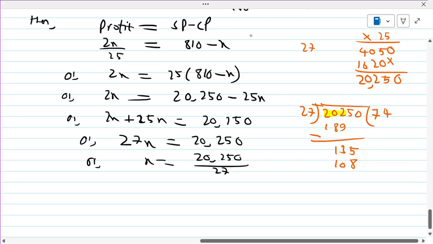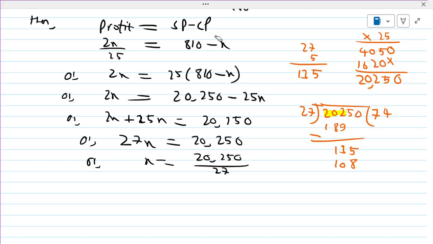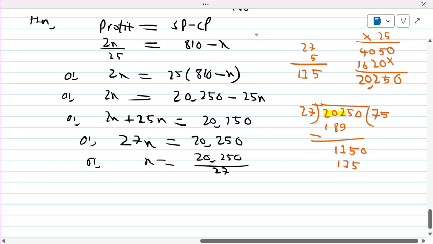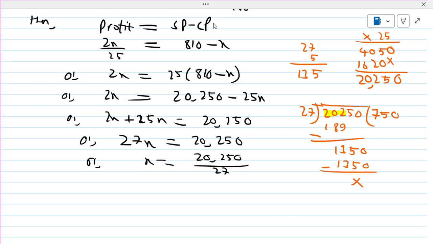Okay, so let's go for 5 times where I have made the mistake. Let's check. 5 7s are 35, 5 2s are 10, 135. Yeah, it was going for 5 times, right? So it's not 4 times, it is 5 times, right? So 5 times 135, so 0 also bring down, so 0 we keep here, so done. So it's 750, right? So here value of x is 750.